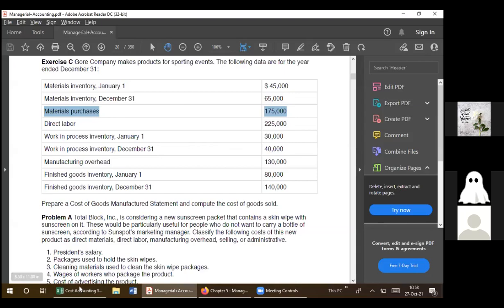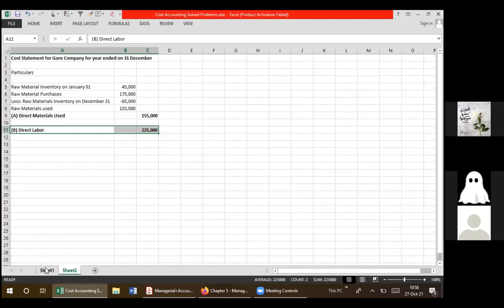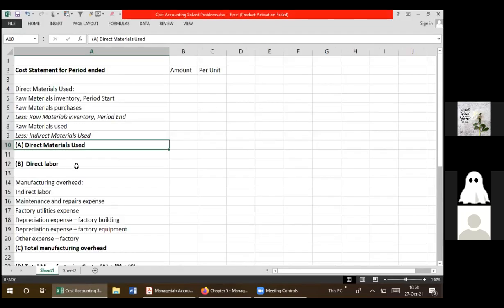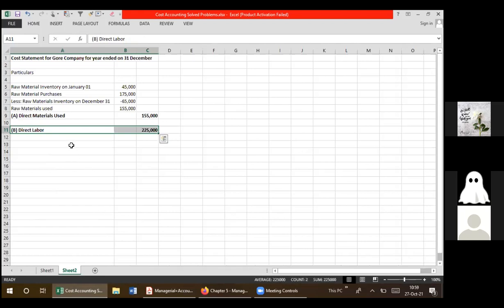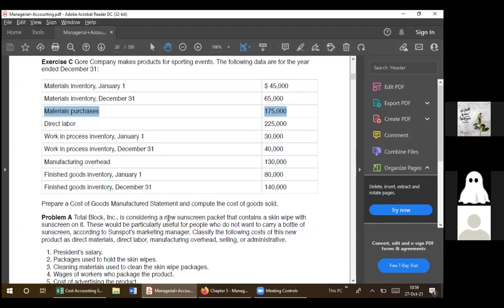Then next one. After direct labor, we start looking at the manufacturing overheads, like indirect labor, maintenance and repair, factory utilities, depreciation, other expenses. Do we have any manufacturing overheads? It says here direct labor, then work in process inventory, which we do not need.